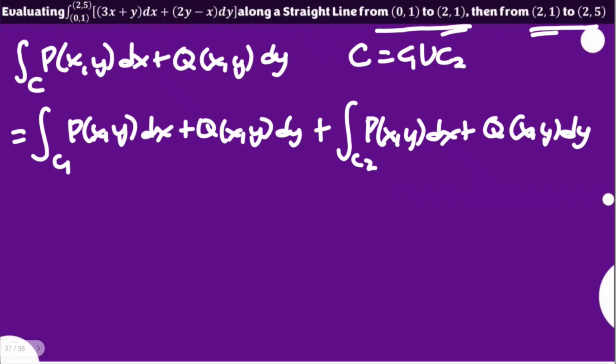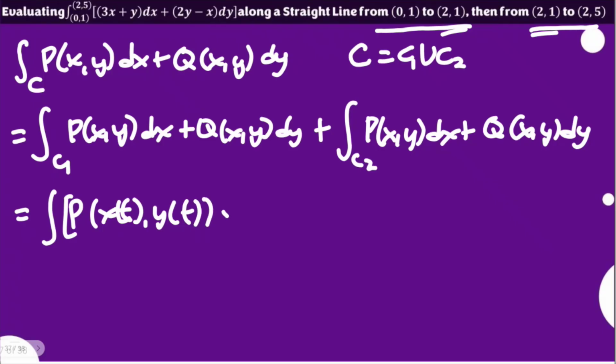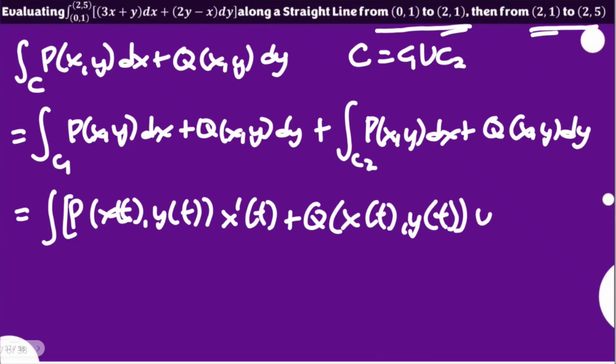Now, we know that these two would be equivalent to this form when we use the parameters for x and y using the variable t, or the parameterization of both of them. So you will have here p of x of t, y of t, times the derivative of x of t, plus q of x of t, y of t, times the derivative of y of t with respect to t from a to b.